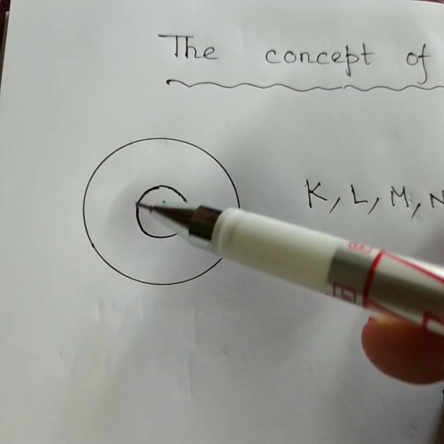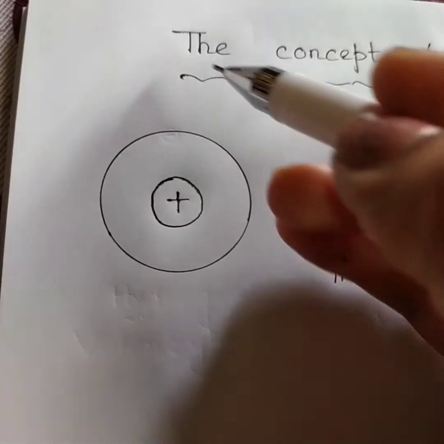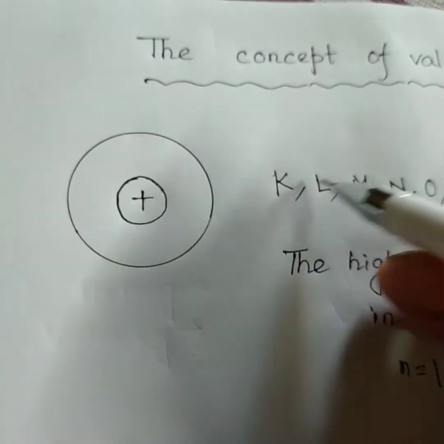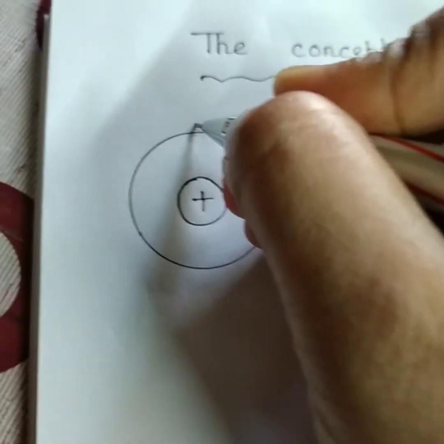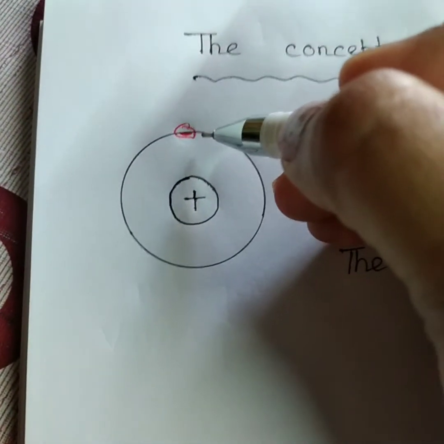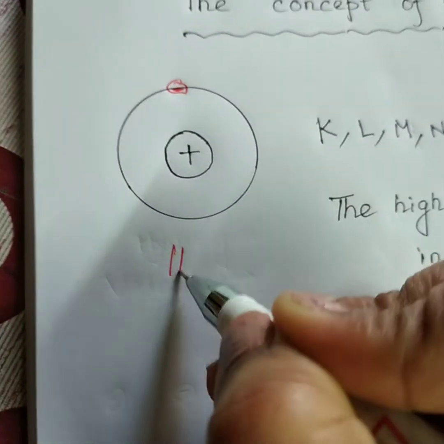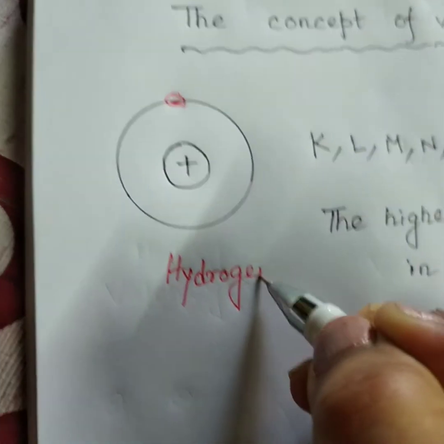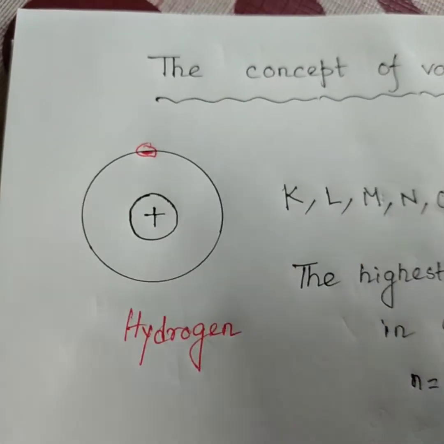That is, this is the nucleus and the number of electrons for hydrogen is 1, and this 1 electron must be in the K shell, right? We denote electron by a negative sign. Okay? So, we can draw the atomic model for the hydrogen atom like this, right?